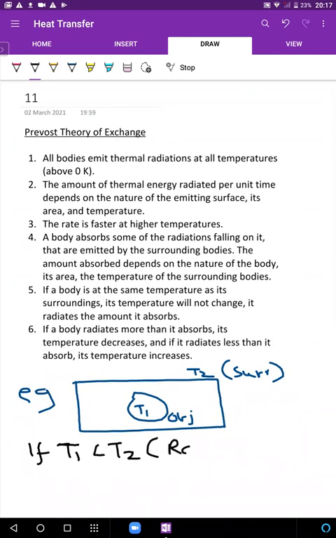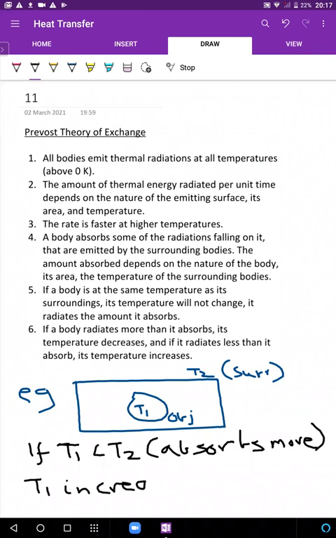So it radiates less and absorbs more. Because it absorbs more, T1 increases. And this process will go on till there is an equilibrium.